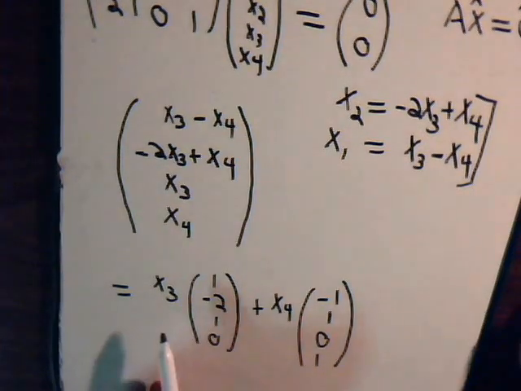Okay, x3 and x4 we said were the free variables. They can assume any value.